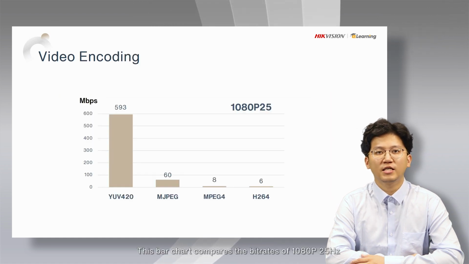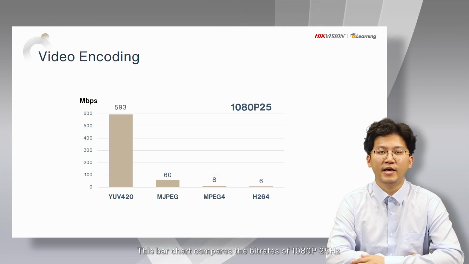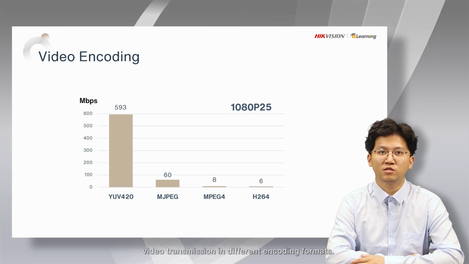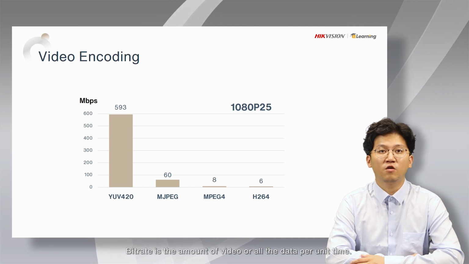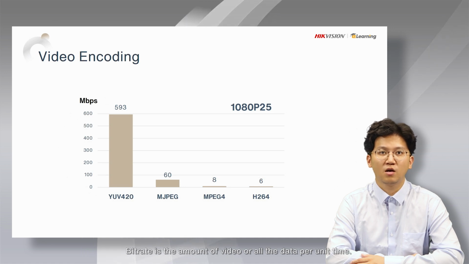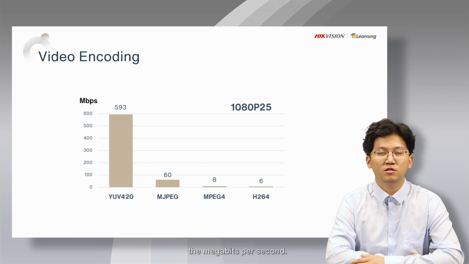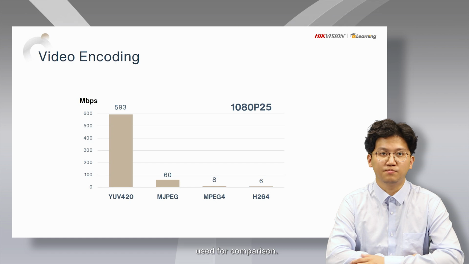This bar chart compares the bit rates of 1080p 25Hz video transmission in different encoding formats. Bit rate is the amount of video or audio data per unit time. On the vertical axis is the bit rate in megabits per second. The horizontal axis shows the 4 encoding formats used for comparison.